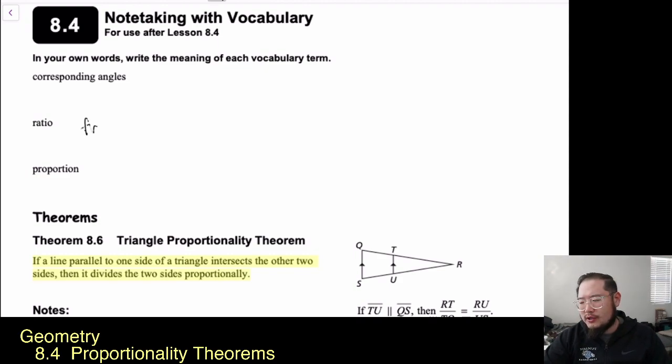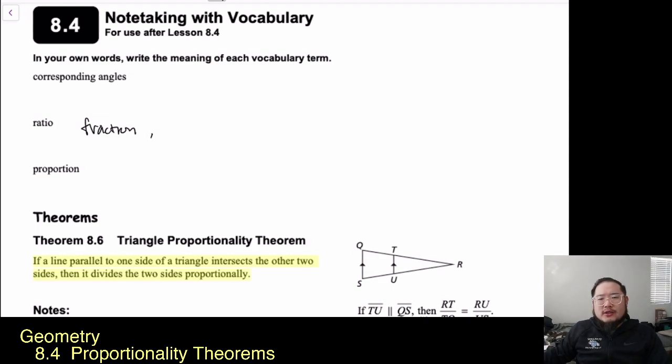But what you could also do is write things using the colon, like A to B. So there's two ways for us to think about a ratio.